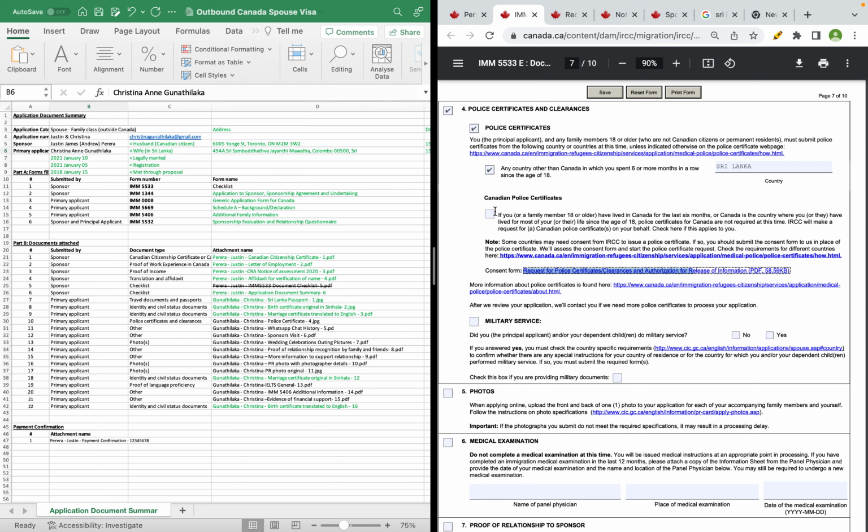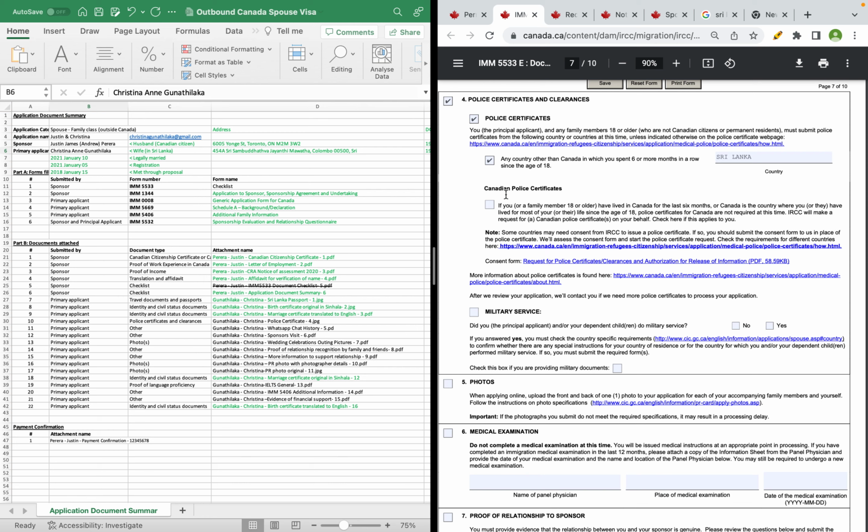Okay, we don't need this, so put an N/A, or you can just leave it blank, but put an N/A, because it's not relevant for you, since I never lived in Canada. And then consent form. Yeah. Okay. So this section is actually relevant if you're going to get a Canadian police certificate. Okay.